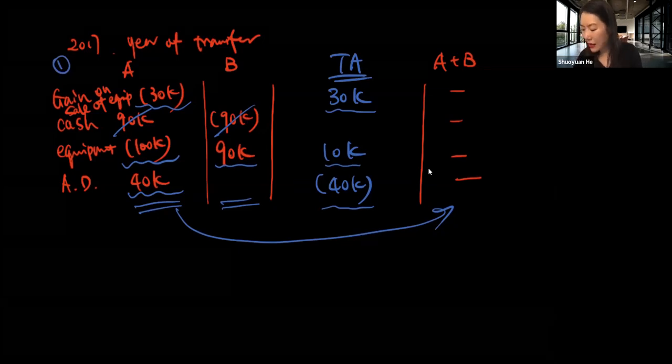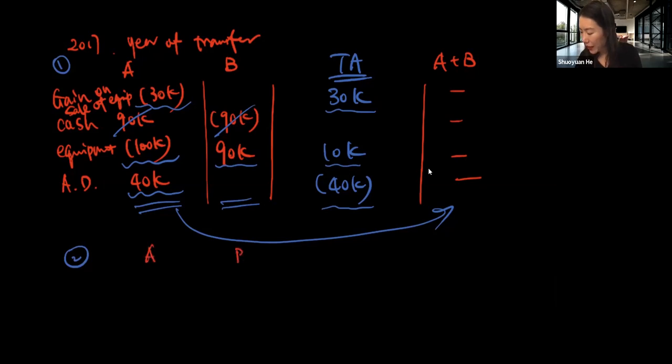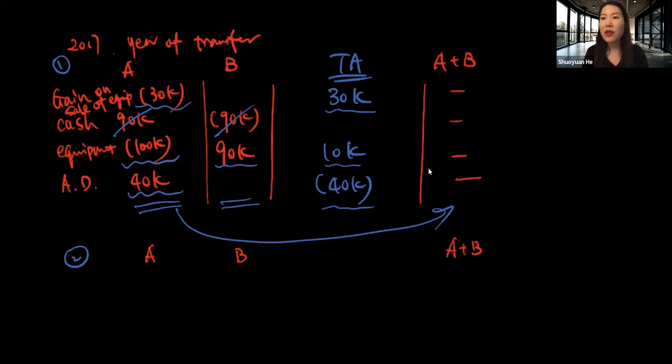And then there's a second entry we need to make in the year 2017. From Able's side, we again have Able, Baker, and Able plus Baker. Because Able has sold the machine, does Able need to record any depreciation for the year? No, right? Able no longer has the machine.